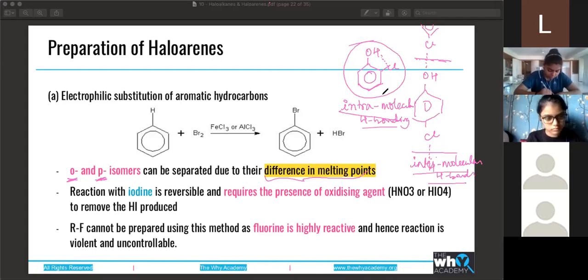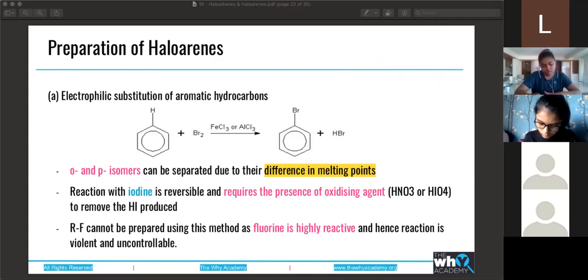So ortho molecules have intramolecular hydrogen bonding, whereas para isomers have intermolecular hydrogen bonding, which is why para isomers have higher melting points than the ortho isomers. To help with your explanation, if you have extra time, you can draw these structures and explain how ortho is different from para. Yes, ma'am. So para has a higher melting point than ortho.